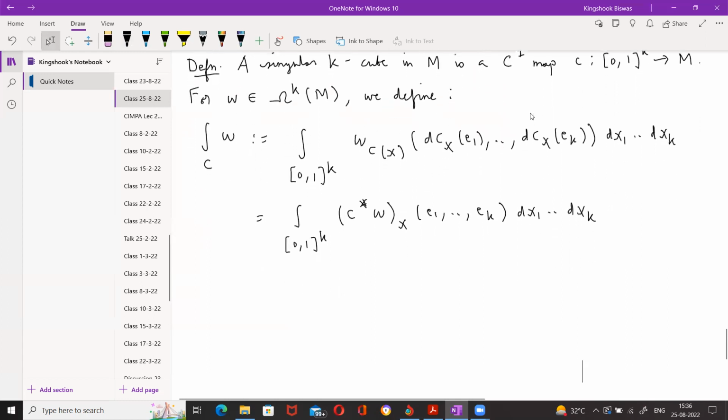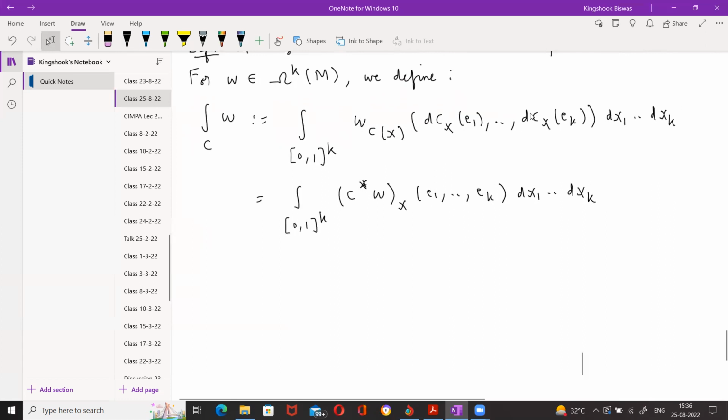So this function here, c star omega at x applied to e1 to ek, what is this function? Note that the form c star omega is a k-form on R^k, a k-form on the unit cube in R^k.